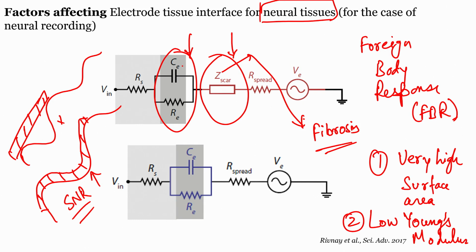Also, if you have a very stiff material acting as an electrode, because body tissues have Young's modulus around 10 kilopascals. This is a very general value.